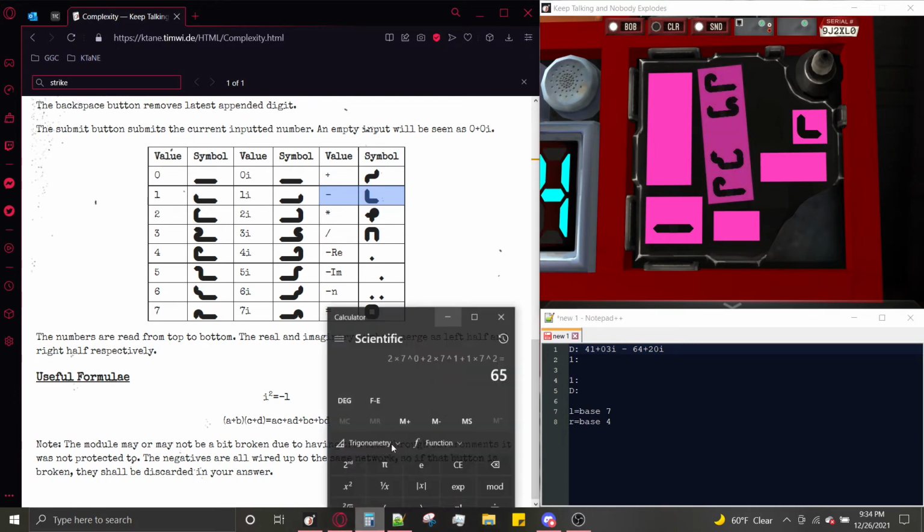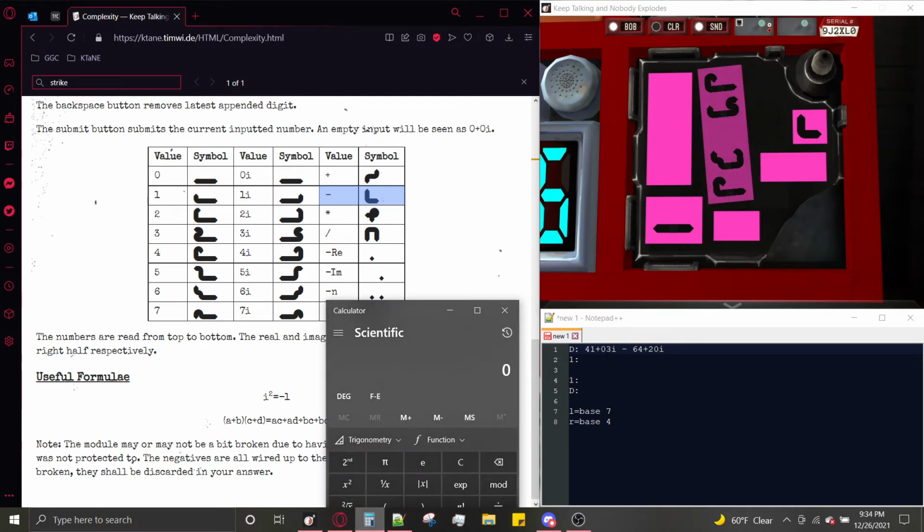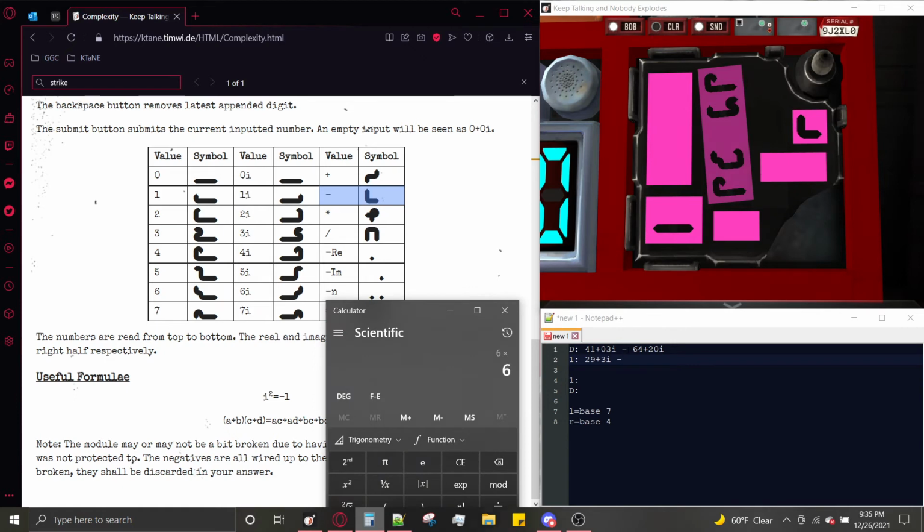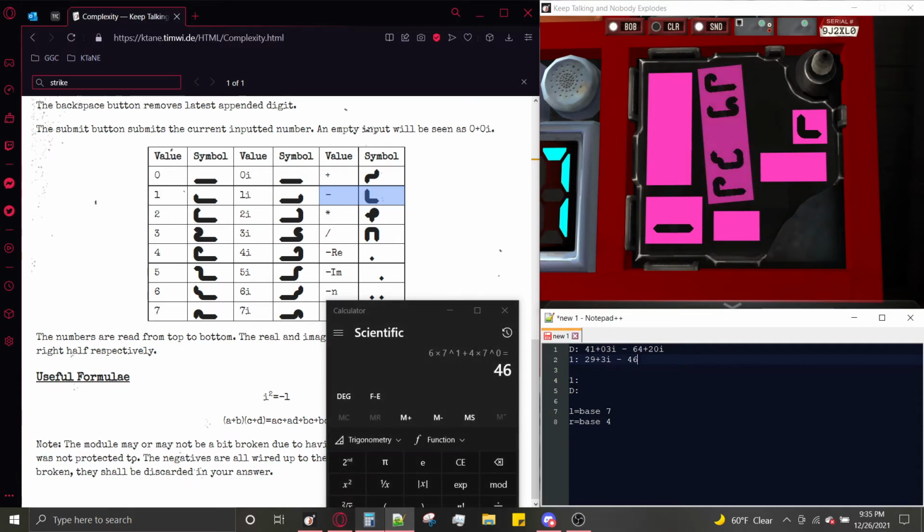So let's convert these numbers into base 10. 1 times 7 to the 0 plus 4 times 7 to the 1. Oh, that's a 6, my bad. 1 times 7 to the 0 plus 6 times 7 to the 1 is 43, plus 3 times 4 to the 0 plus 0 times 4 to the 1 is 3. 6 times 7 to the 1 plus 4 times 7 to the 0 is 46.